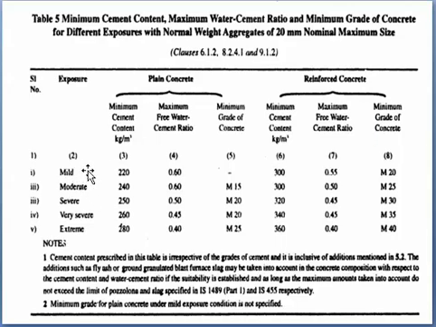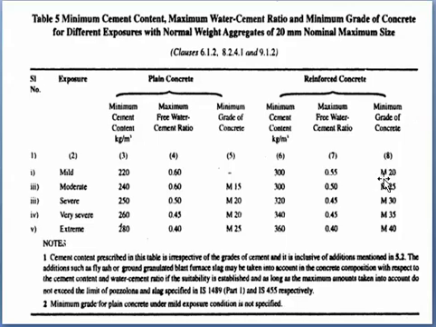So you can see the exposure conditions: mild, moderate, severe, very severe and extreme. This is for the plain cement concrete, this is for the reinforced cement concrete. So basically we are discussing the reinforced cement concrete. So here it is the minimum cement content in kg per meter cube, then maximum free water cement ratio and minimum grade of the concrete.